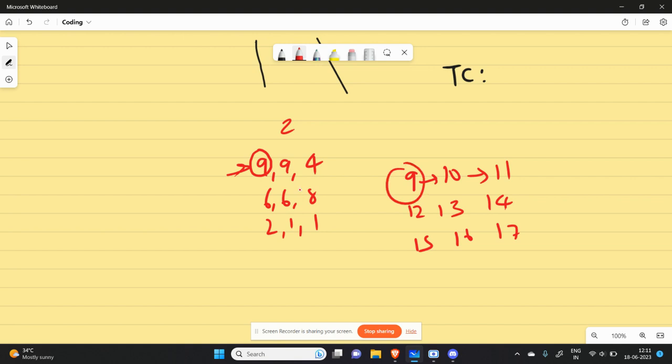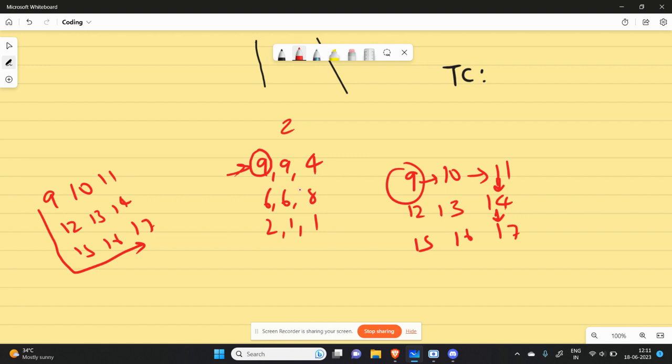So if I start with a 9, then definitely I can go to this here, and this path, let's say I have chosen. Okay, this is one of the paths. If I start from 9, 10, 11, 12, 13, 14, 15, 16, 17, if I choose this path, it is also possible. So in the worst case scenario, we need to traverse the entire matrix.